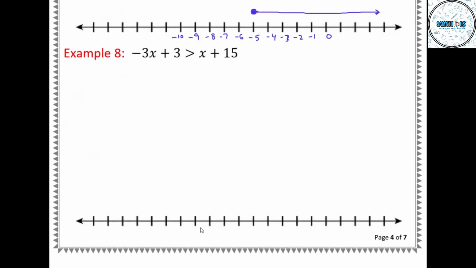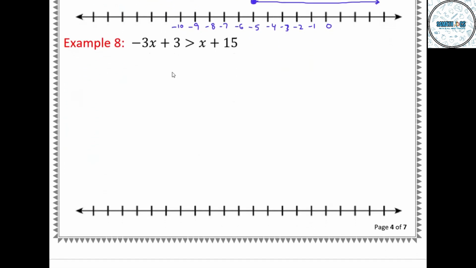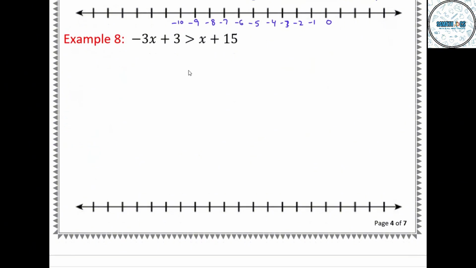Let's do another example. Minus 8x plus 3 is greater than x plus 15. So first of all, we will take x on this side and plus 3 on the other side. So minus 3x, this minus x will become minus x on this side, and 15 minus 3.